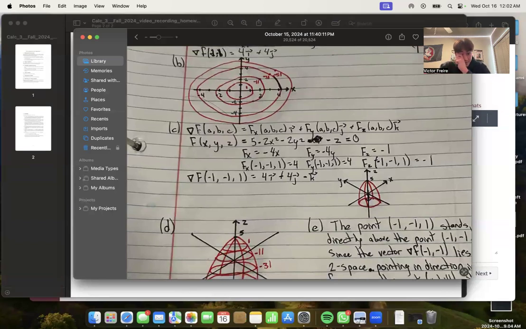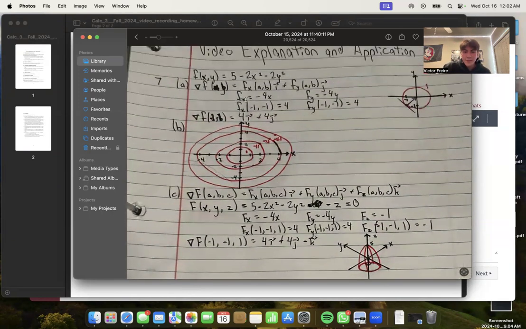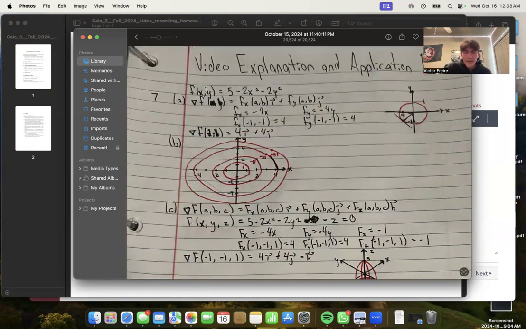So I'm using this capital F here just to symbolize that it's going to be a three variable function, right? I essentially just kept the same function as before, and then this is going to be equal to z, right? But instead, I just subtracted the z, moved it over here, and then set this equal to 0.